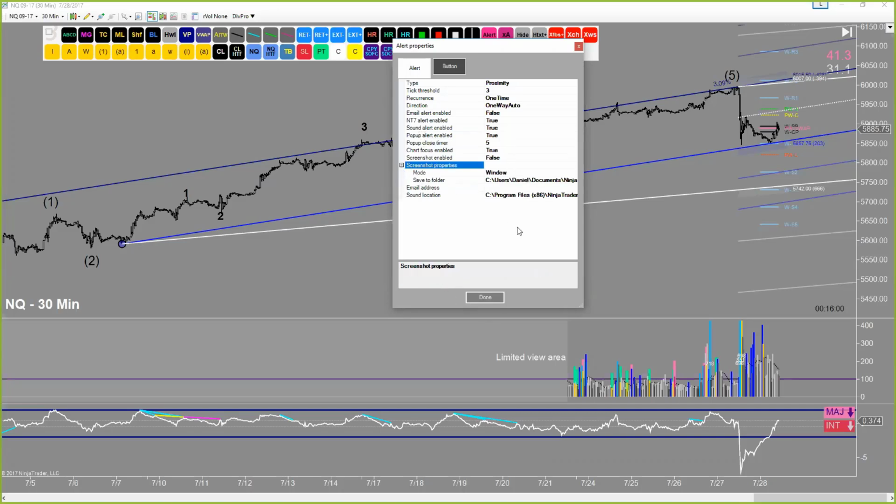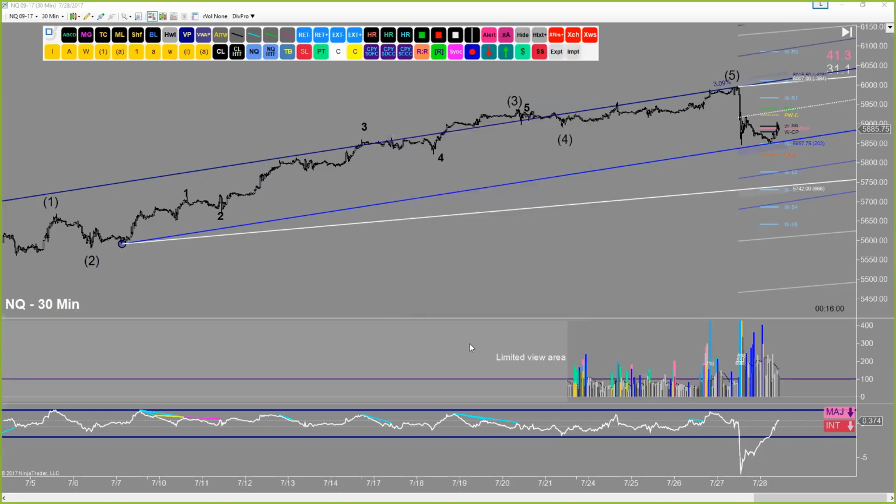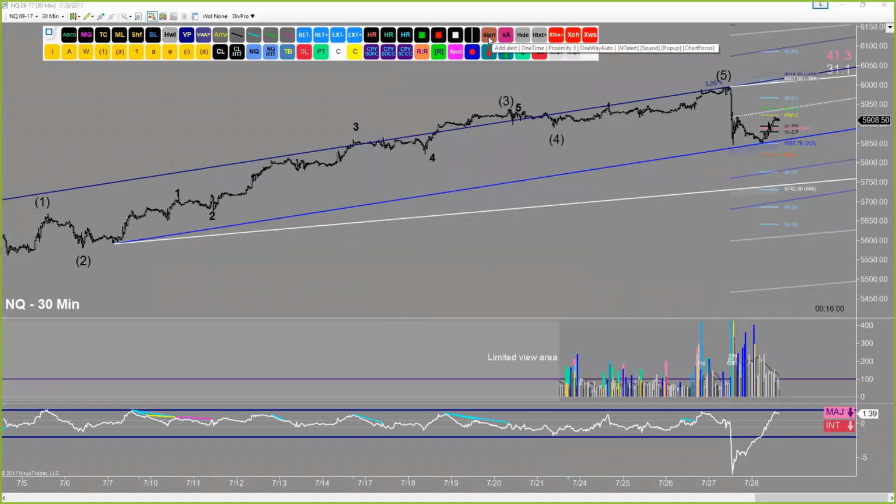But you could send yourself a screenshot of this with an email. The moment any of these lines are touched, you can set this up pretty specific to exactly what you're after. So you just click on the alert, click on a line, and whenever price becomes within a certain range of that line, you'll get the alert, however you define it.